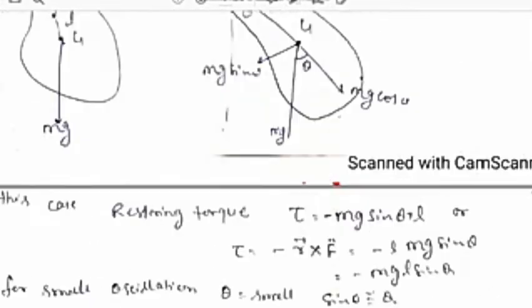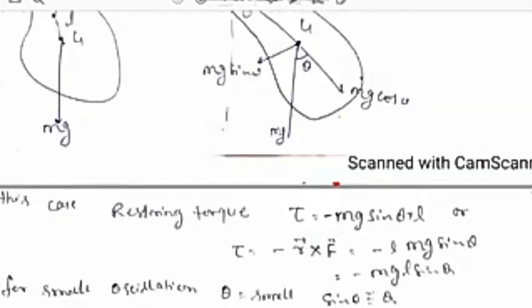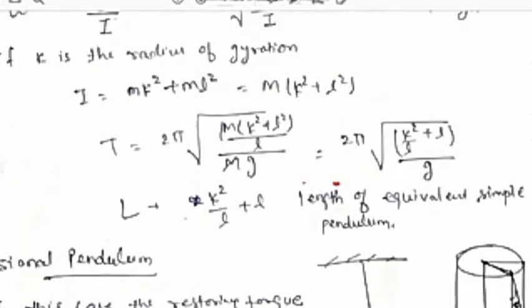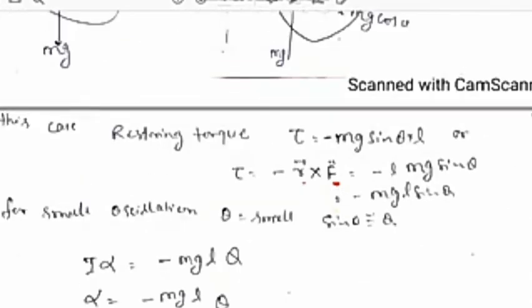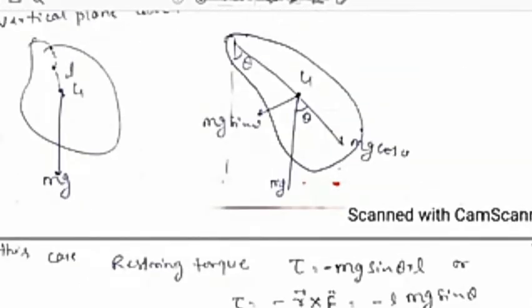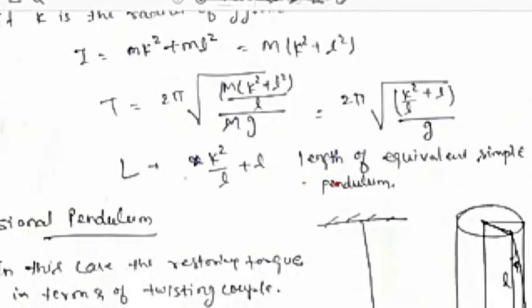For the general shape of the body, instead of talking about the working length of the pendulum, we have taken the radius of gyration. If k is the radius of gyration about some other point, we can easily convert it using the parallel axis theorem.